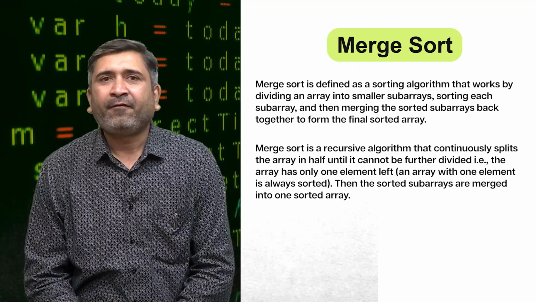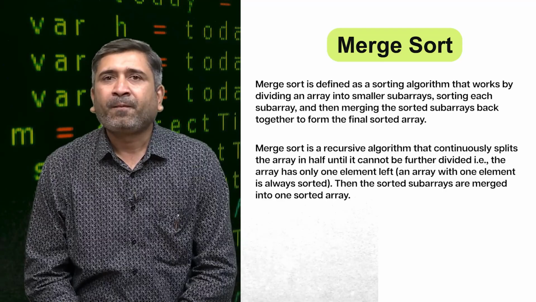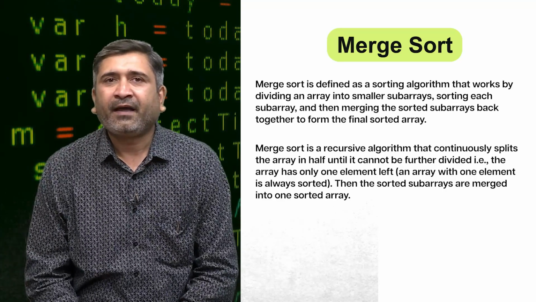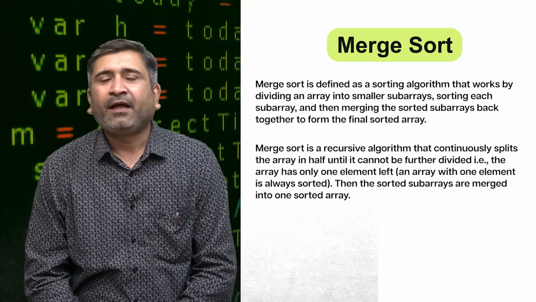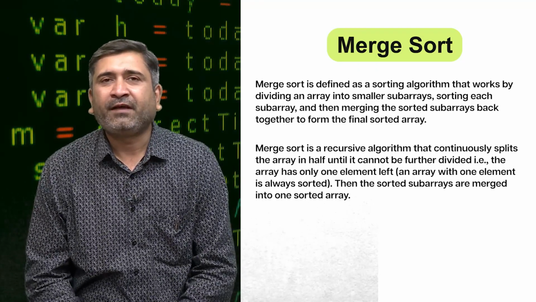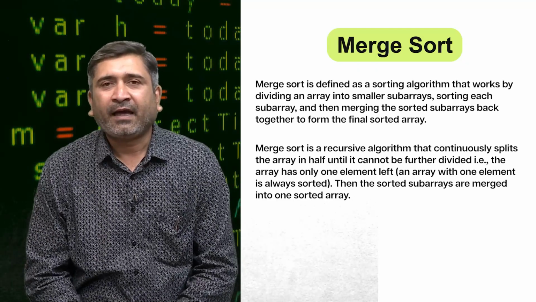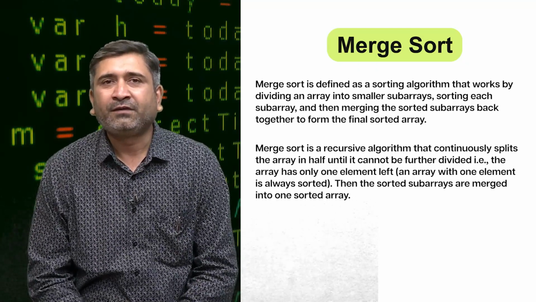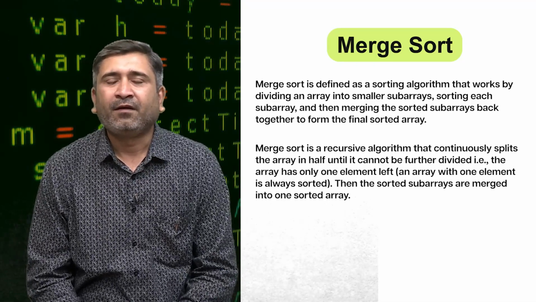An array with one element is always sorted. Then the sorted sub arrays are merged into one sorted array. So with the help of the 3 steps which we saw in the first slide, the array will be sorted using the concept of divide, recursive solve and merge.